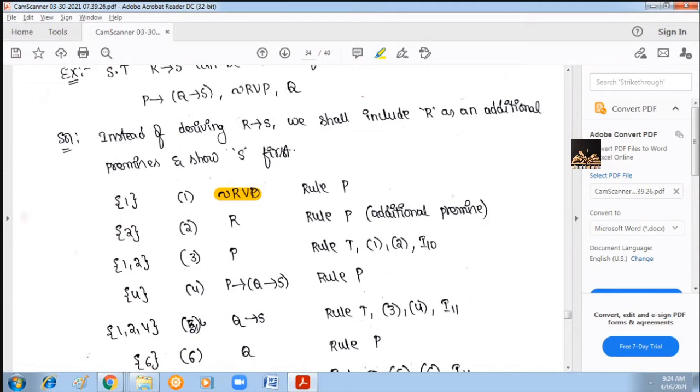So here you have considered one premise, right? So you need to prove that S is derived. That means you have to eliminate P and Q, right?